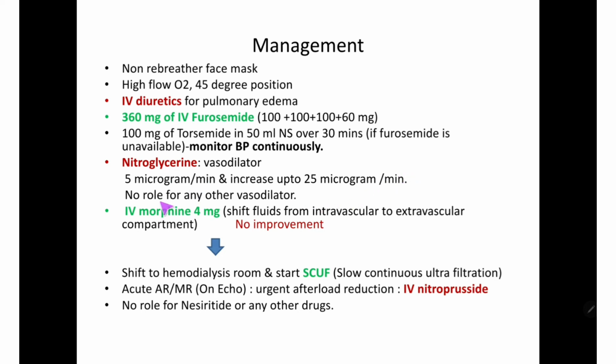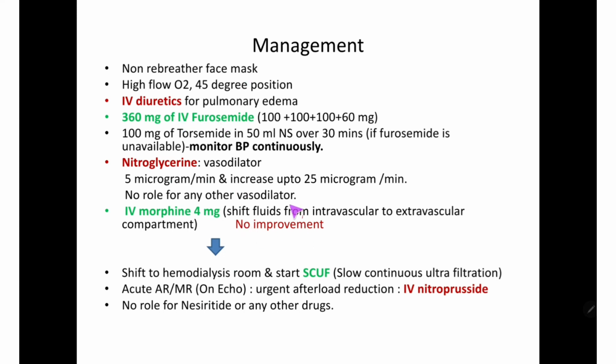There is no role for any other vasodilator in this situation. In some cases, some doctors also use IV morphine 4 milligrams, to shift fluid from the intravascular to the extravascular compartment. It's not used by all, but it has a minor role in this condition.